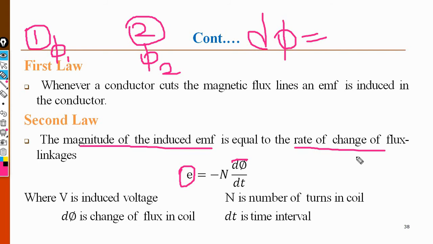Then the rate of change of flux linkage is the difference between the two fluxes, that is phi 2 minus phi 1. That is, the magnitude of induced EMF is equal to the rate of change of flux linkage with respect to time. This is the statement of the second law.